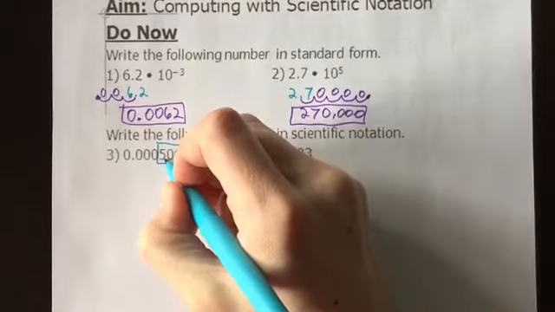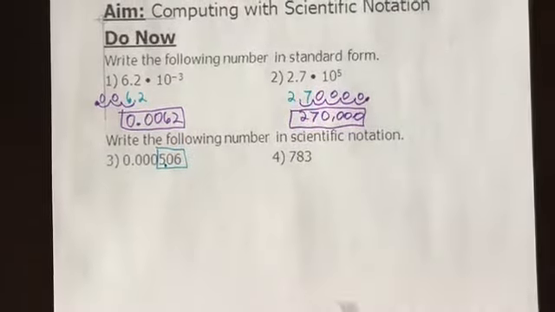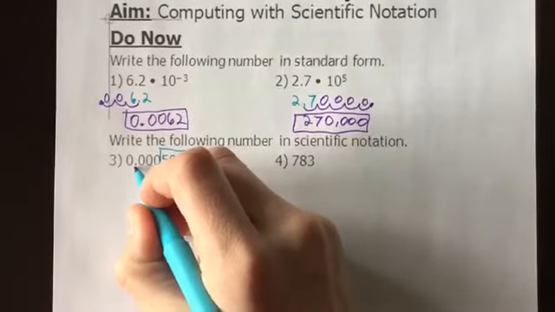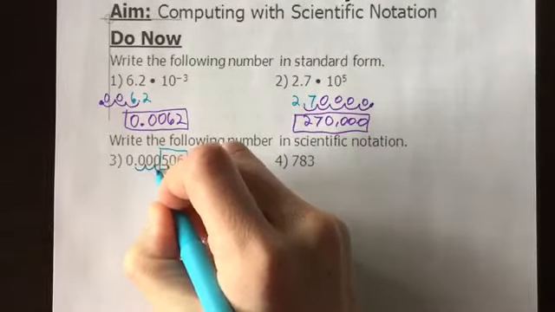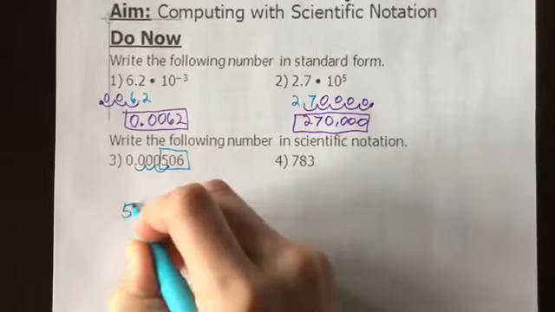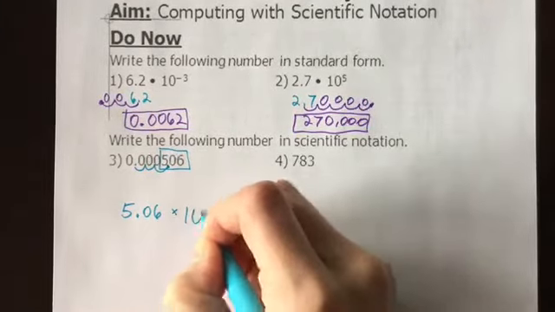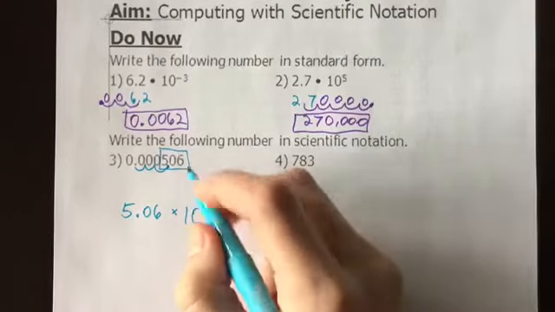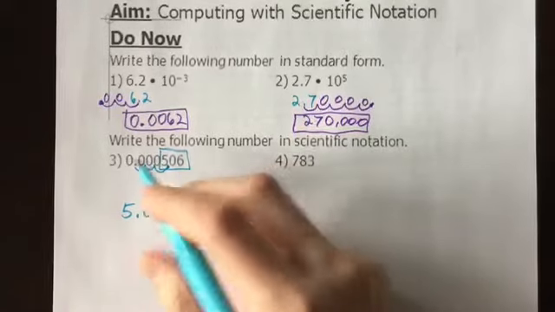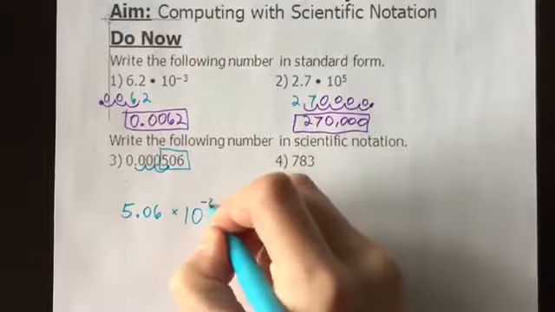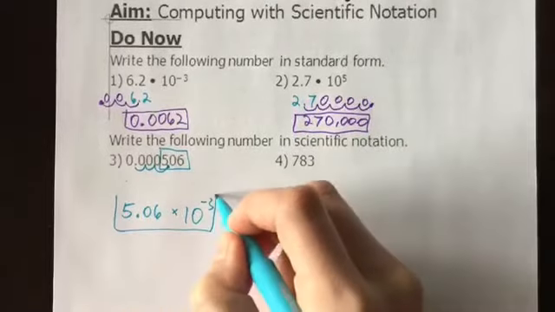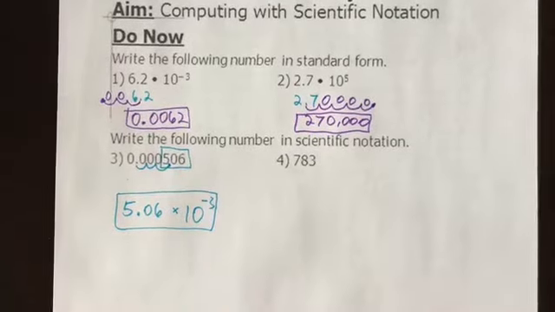So we'd have to put that right there in between the 5 and the 0, and then count our decimal places. We've got 1, 2, 3. So that's going to be 5.06 times 10 to the, it's a small number, and we said it was a 3 space, 1, 2, 3, to the -3rd. 5.06 times 10 to the -3rd.